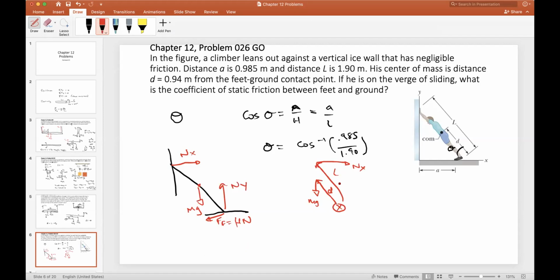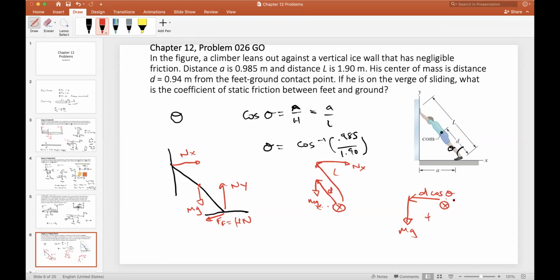Remember that for those two torques, we need to take the perpendicular part of L and the perpendicular part of d. So really, we get d cos theta times mg, and that is going to be a positive torque. It's trying to rotate it clockwise or counterclockwise.